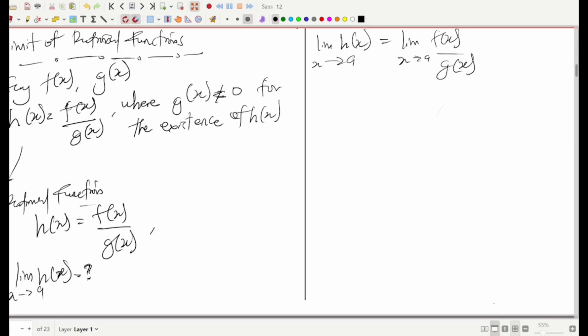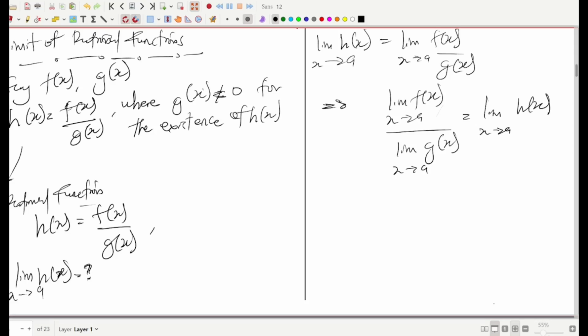I can apply the limit rule, the quotient rule here. So what is the quotient rule saying? It will be the limit of f of x as x approaches a divided by the limit of g of x as x approaches a, which will be the limit as x approaches a of h of x.